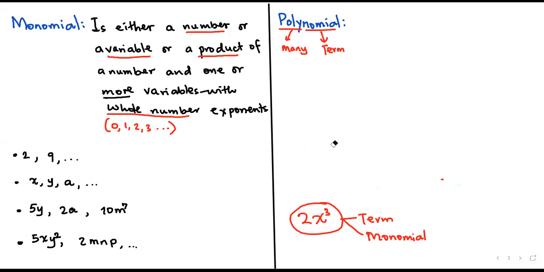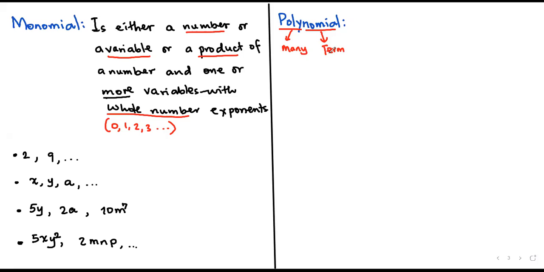So let's continue and look at polynomial. So we are saying that polynomial has got a combination of two words. Poly means many, nomial means term. So in other words, polynomial means many terms. Okay.